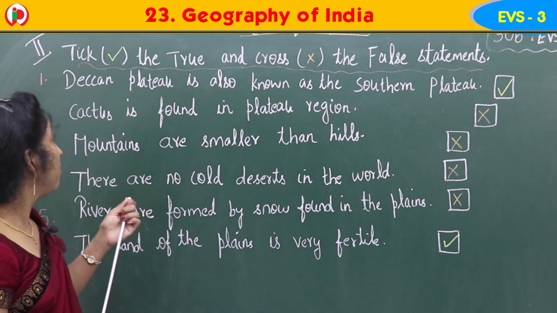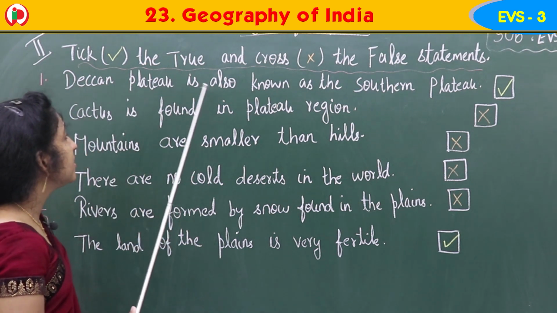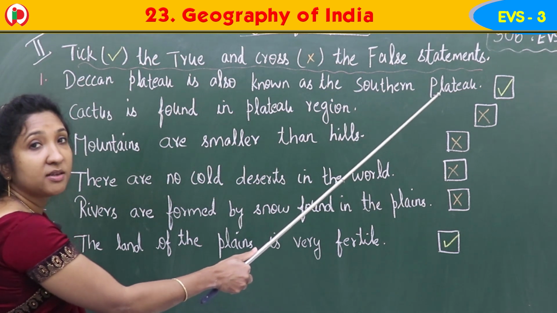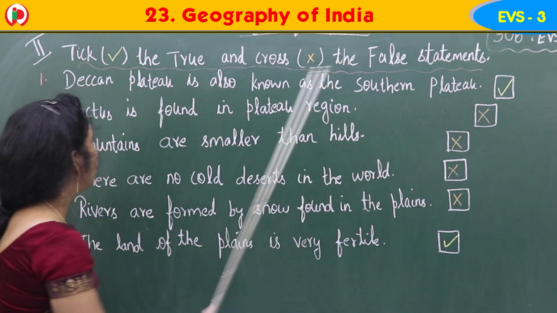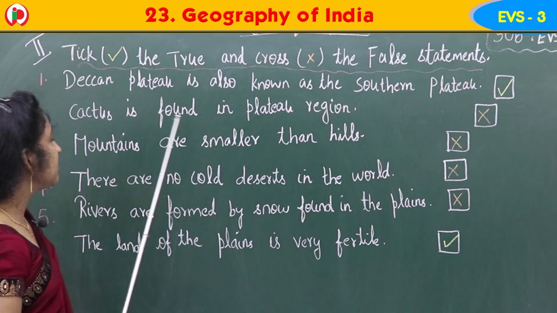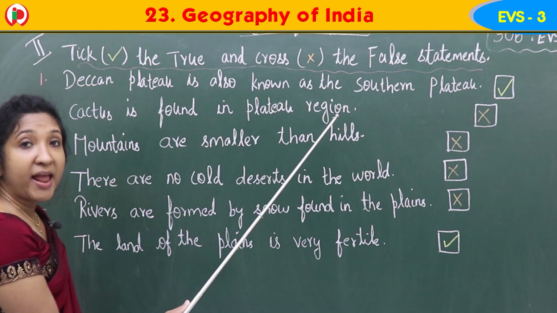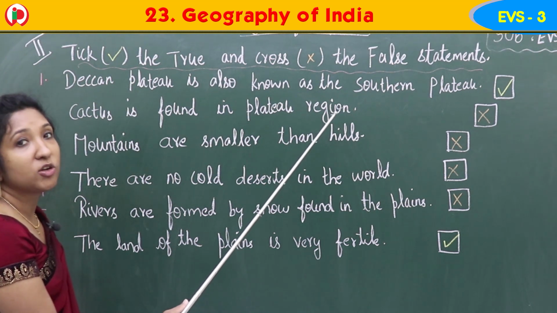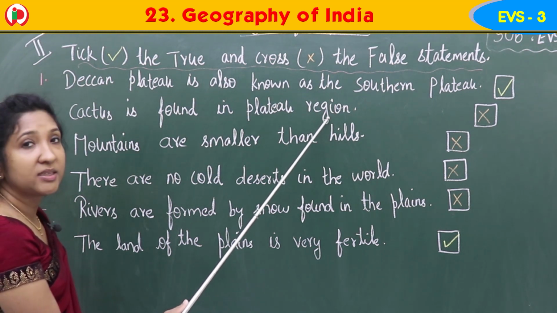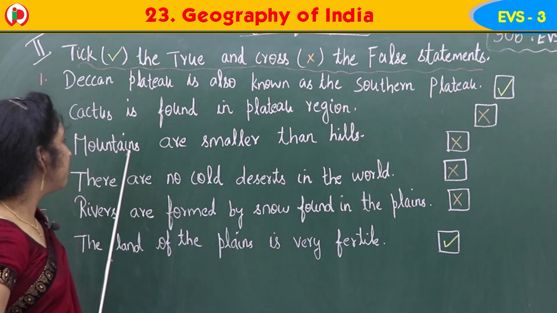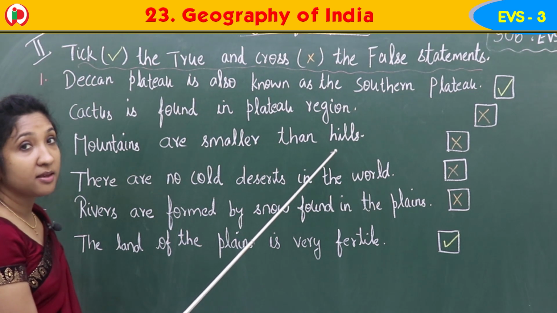Yes, so now first one, Deccan Plateau is also known as the Southern Plateau. The given statement is true, so tick mark. Second, cactus is found in plateau region. Cactus plants we can see in desert region, not plateau region. So the given statement is wrong. It is false, so cross mark. Third, mountains are smaller than hills.